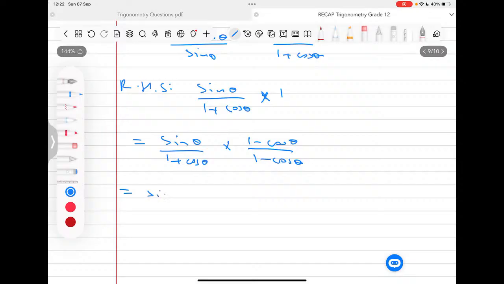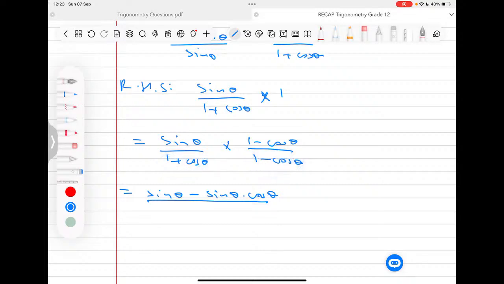Now here I'm going to have a sine of theta, then minus sine theta cos theta, because I'm multiplying this by 1 and multiplying that together. So sine theta times 1 is just sine theta, and sine theta times cos theta gives you sine theta cos theta.